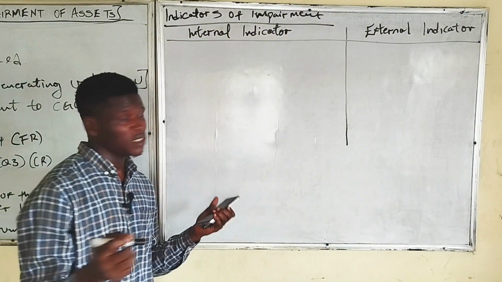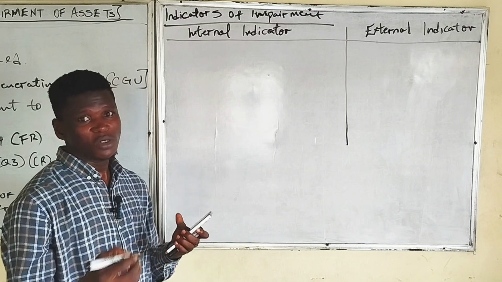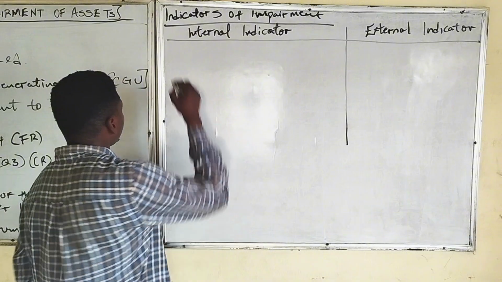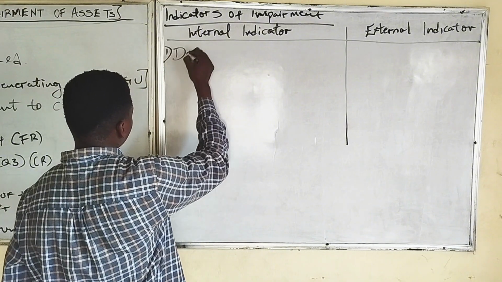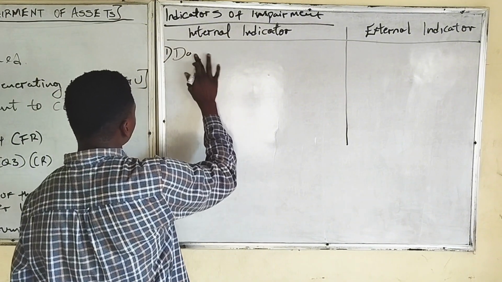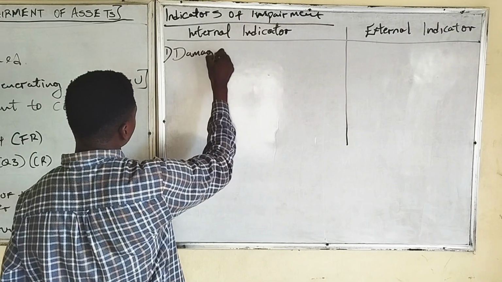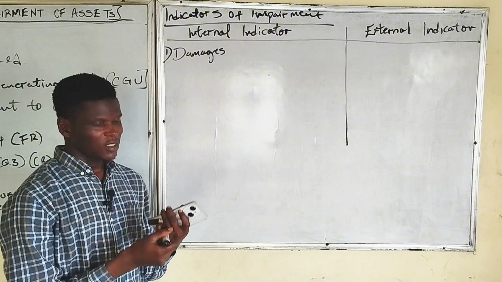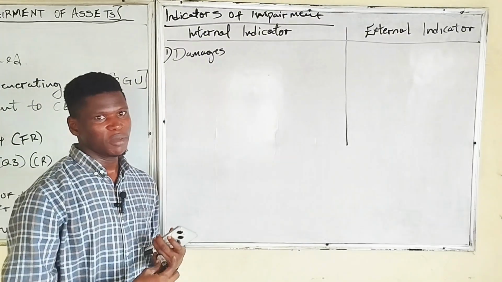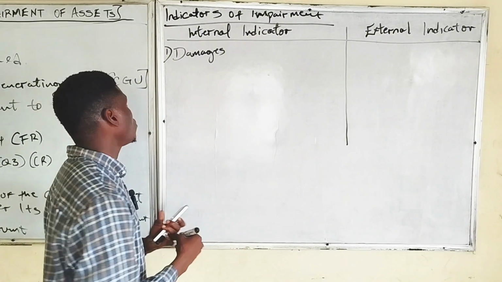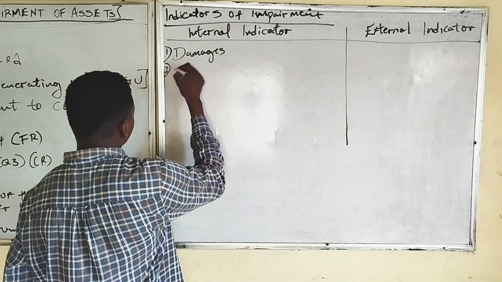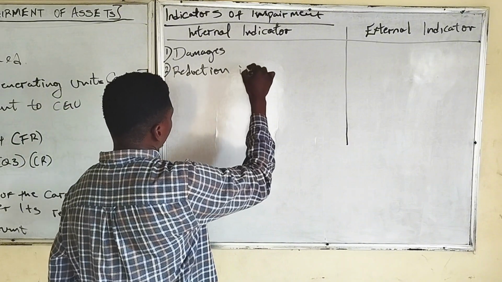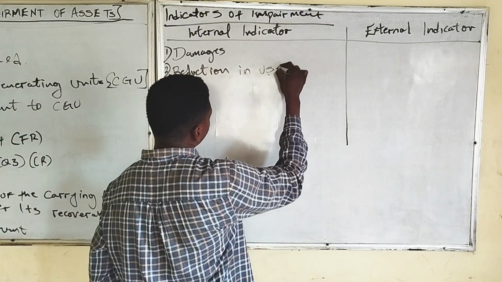Internal indicator means that the problem or the loss arises from the company itself. So internal indicator, we have one of them to be damages. If there is any damage on an asset, then there's a probability that the asset may have been impaired or may be impaired. It may suffer impairment loss. Another one is the reduction in the useful life of an asset.